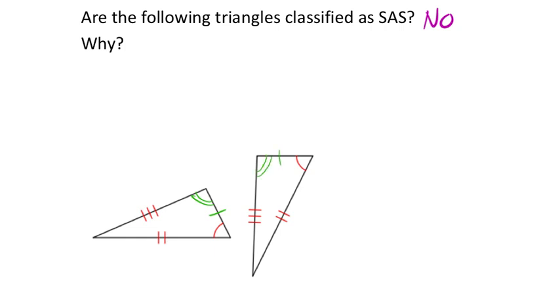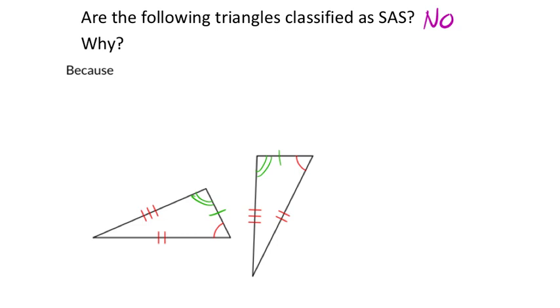Okay, you can't skip two parts of the triangle in order to make this relationship. You can skip one, you can skip an angle, you can skip a side, but you can't skip both a side and an angle while you're going around this, whether you're going clockwise or counterclockwise. It doesn't matter. Okay, so are the triangles classified as side, angle, side? And the answer is no. Why?